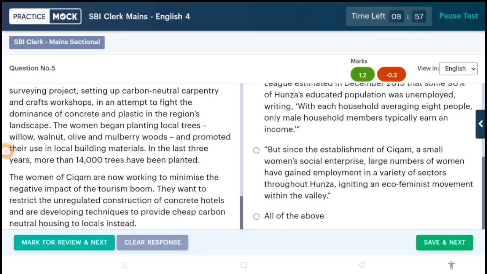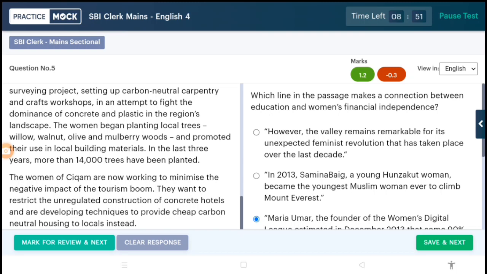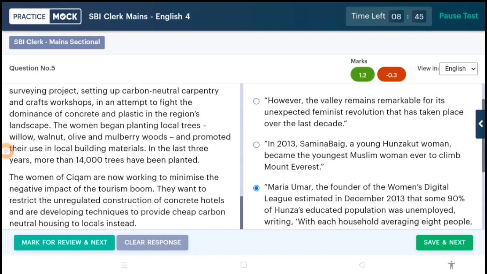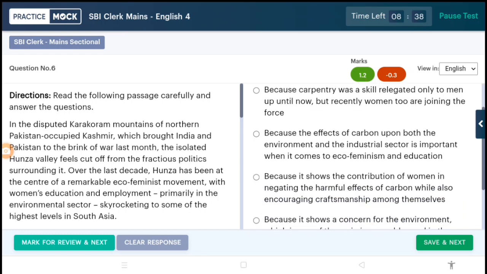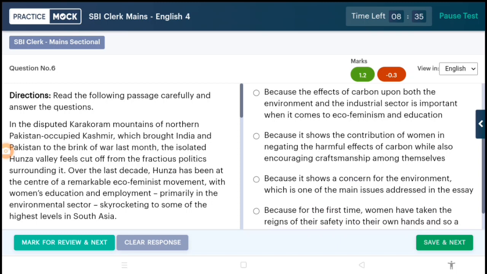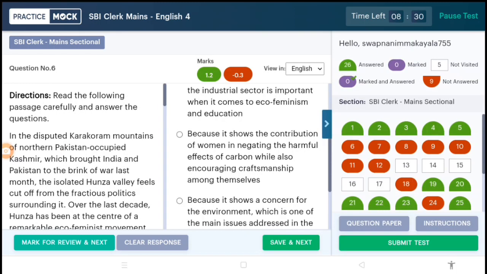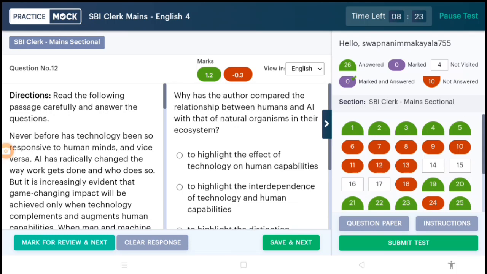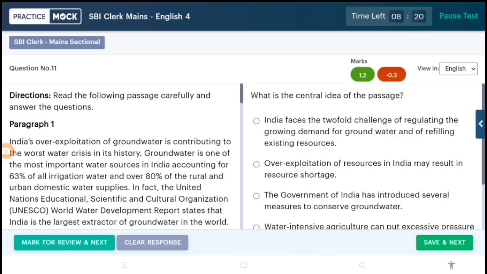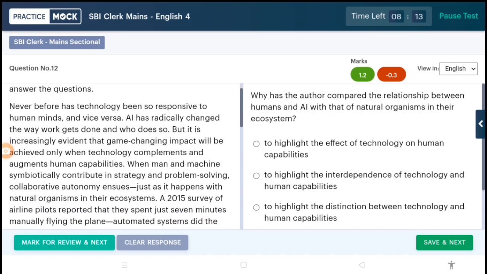They want to restrict the locals and state. Next, carbon neutral government. Next.